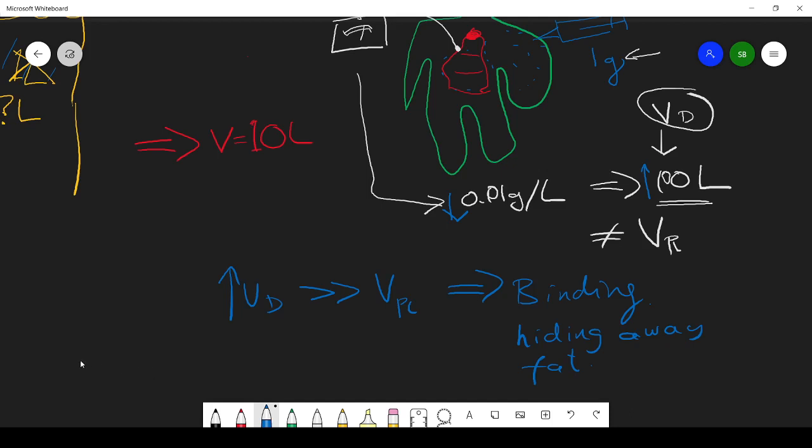If there's no binding and no sequestration, another word for hiding, then the volume of distribution will be equal to the plasma volume. So then the volume of distribution gives us clues about where the drug is ending up in the body.